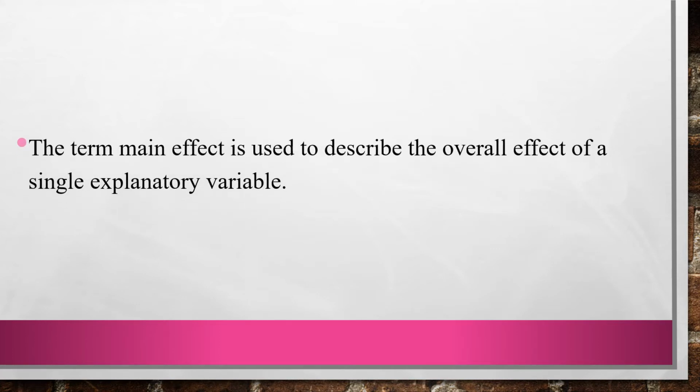The term main effect is used to describe the overall effect of a single explanatory variable. For our previous example, there would be two main effects: the effect of weight on blood pressure and the effect of gender on blood pressure.